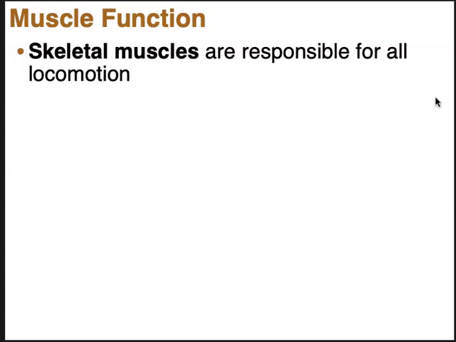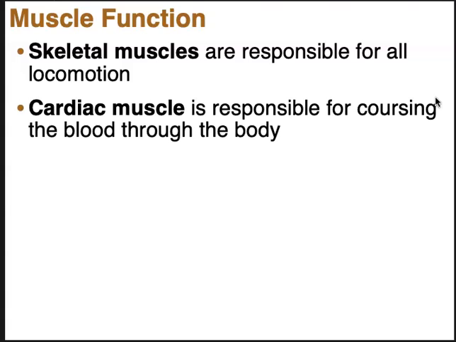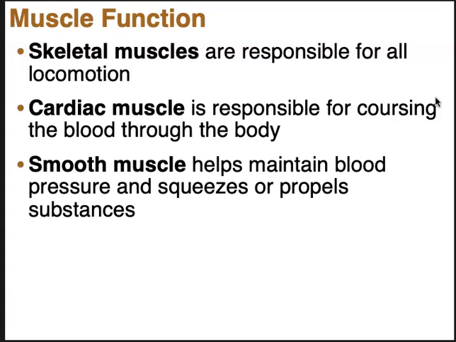Contraction is their overall function. Skeletal muscles allow us to move. Cardiac muscle is, of course, responsible for allowing blood to move through our body by having the heart contract and generate a pressure gradient.